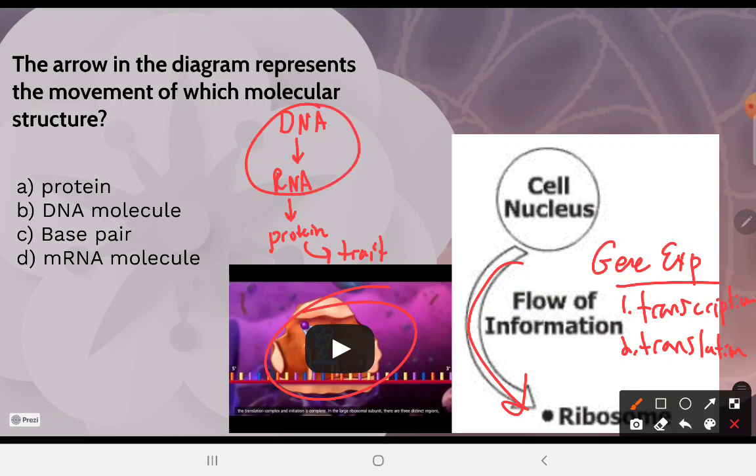Transcription is this first part here where we're taking DNA and turning it into RNA, and then RNA to protein is called translation. And so what's happening here is DNA is flowing out of the nucleus as mRNA. That M right there means message, and so you can kind of just think of it as a message from the nucleus to go ahead and make something.